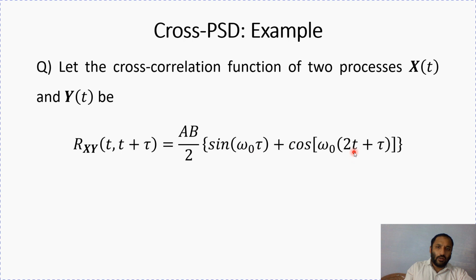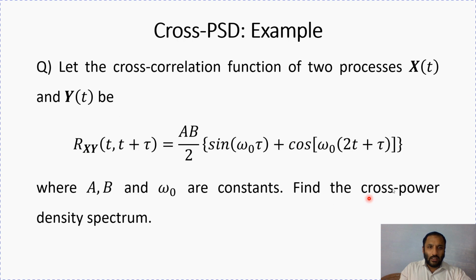So what are we going to call such a process? Definitely this is not a wide sense stationary process jointly, that means x and y cannot be jointly wide sense stationary. Now in this expression, A and B are constants and omega naught is also a constant, and tau and t are independent variables.